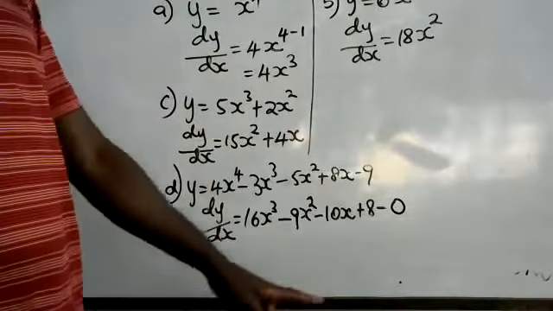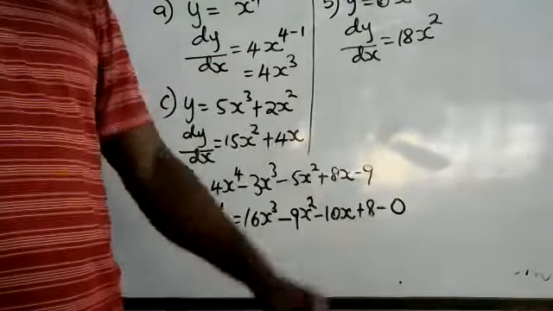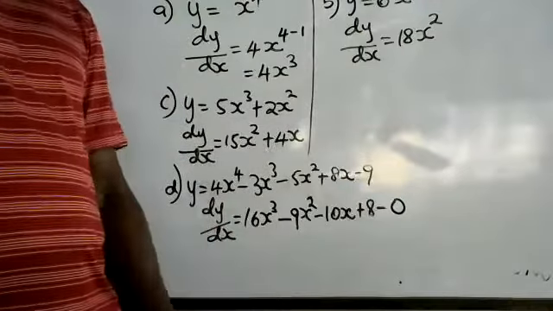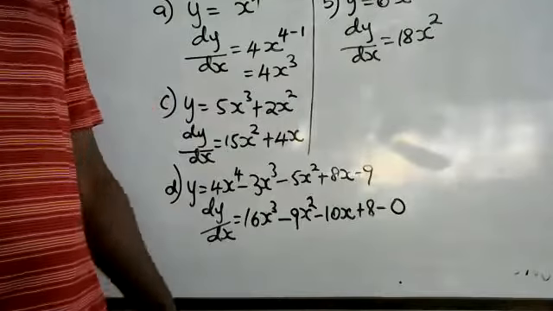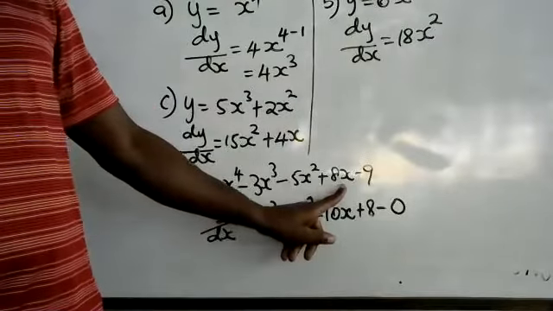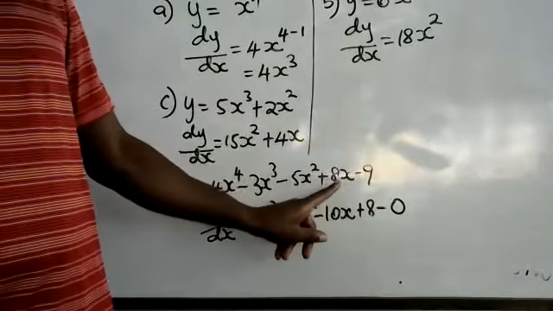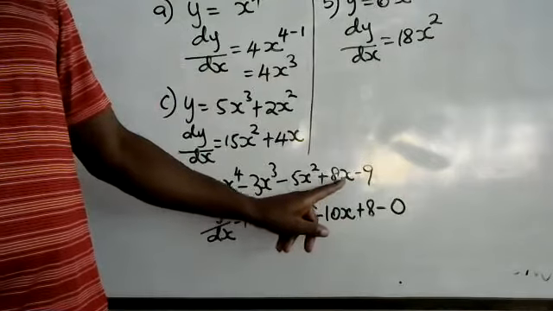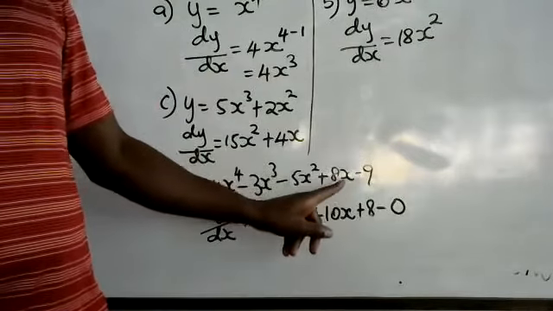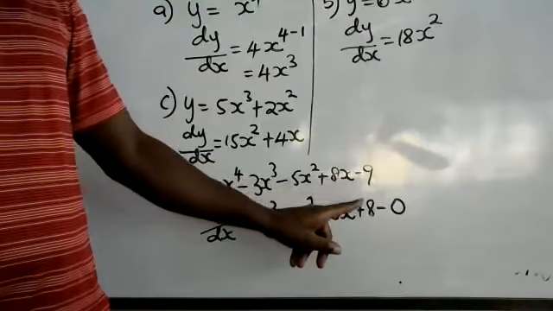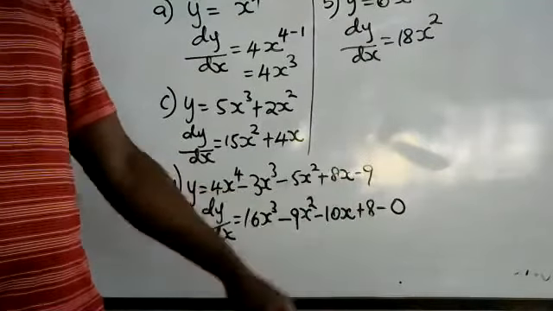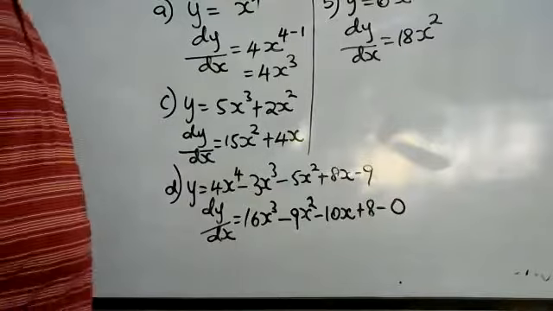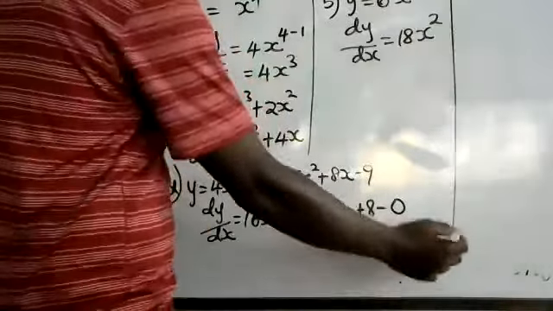Anytime you find a constant, even if it is 1,000 without any x, if you differentiate it, it becomes 0. If you differentiate a number that has x power 1 as its coefficient, x disappears. You just remain with the number. Alright. The process continues.